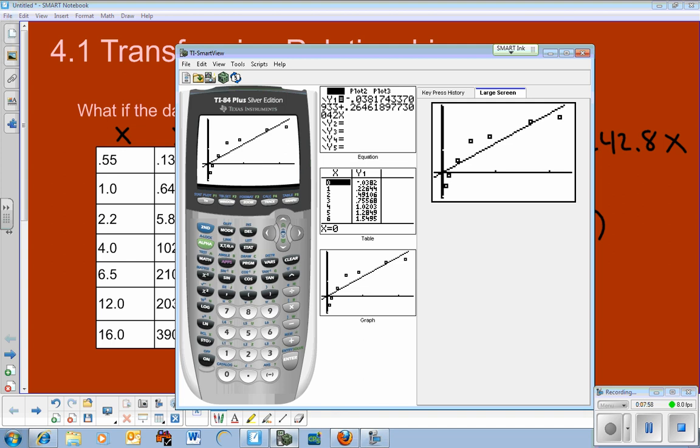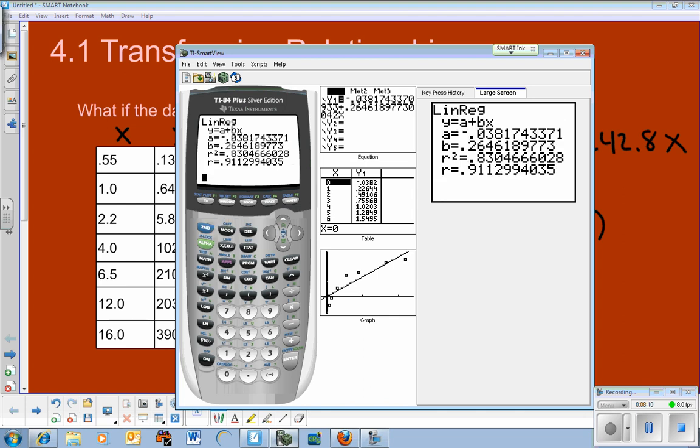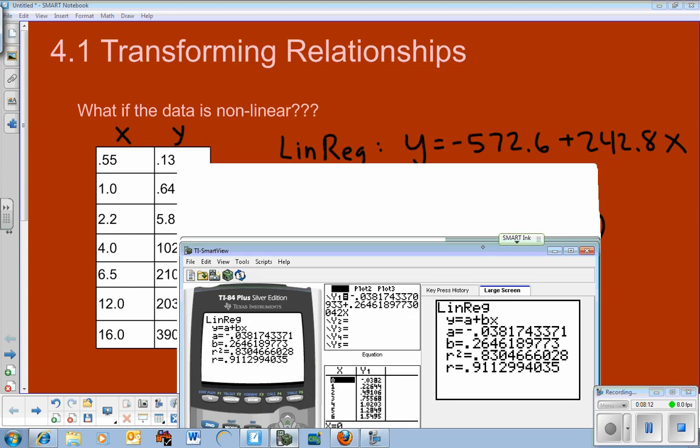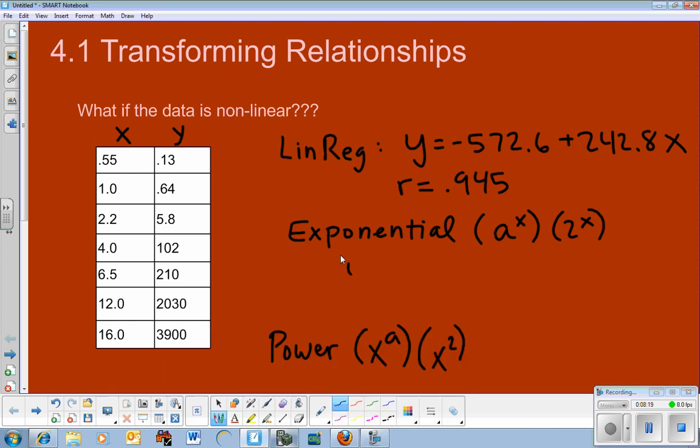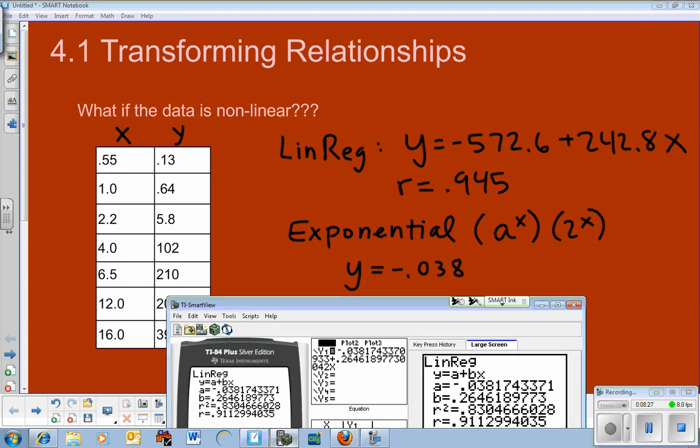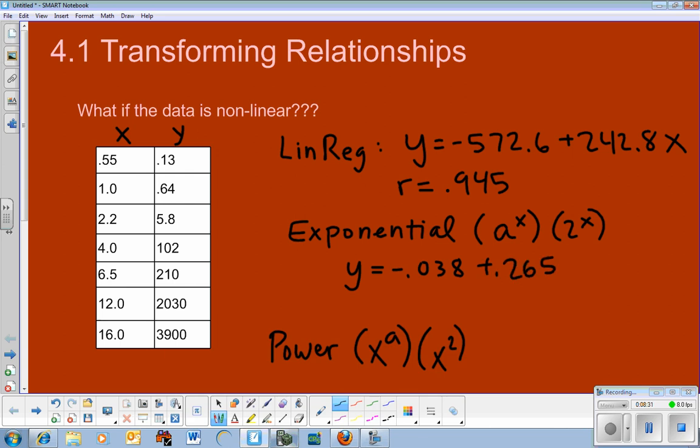Exponential is very steep, so if I undo that, I get something very unsteep, very arching downward, the way these dots are. My equation is negative 0.038 plus 0.265x.